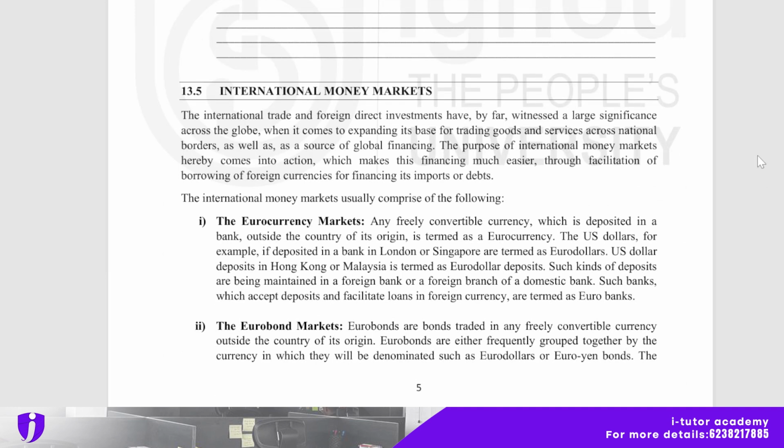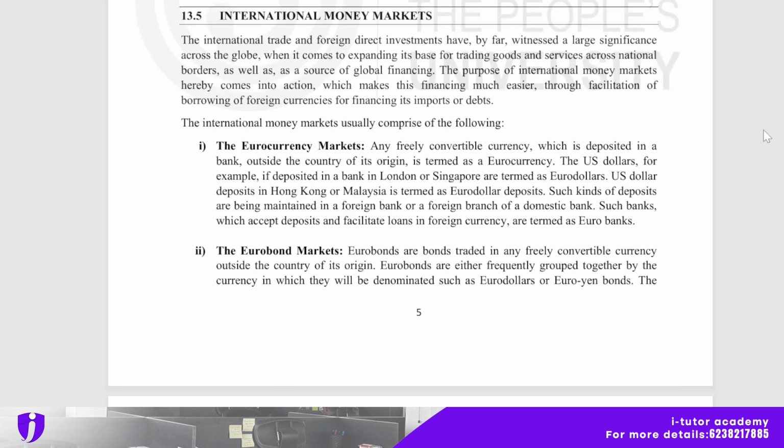International trade and foreign direct investment have by far witnessed a large significance across the globe when it comes to expanding the base for trading goods and services across national borders as a source of global financing.